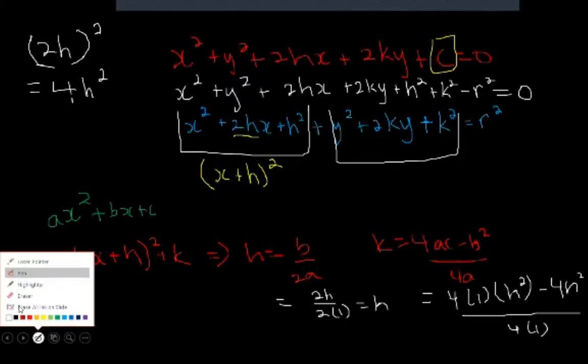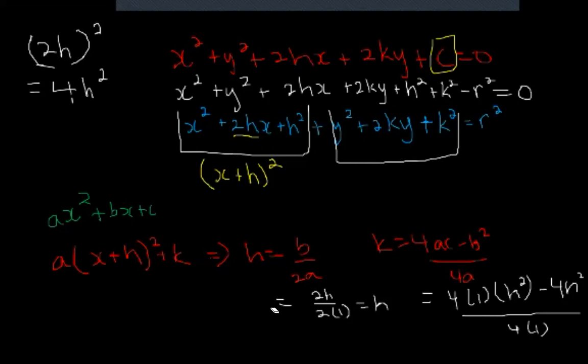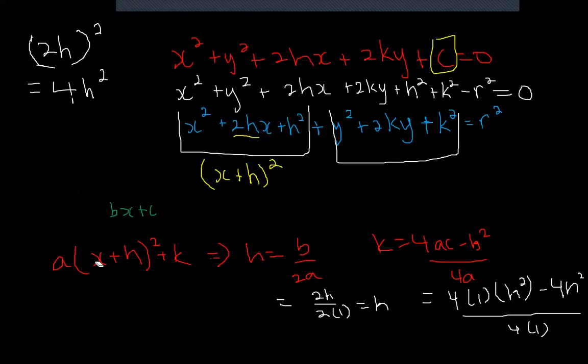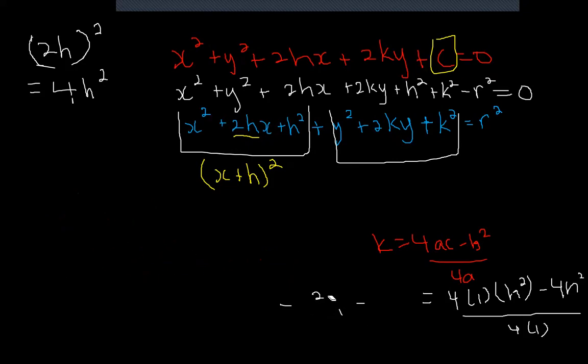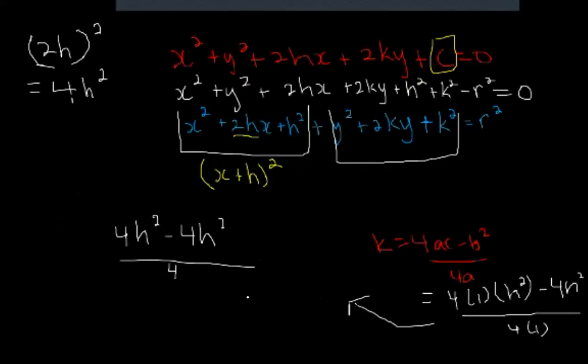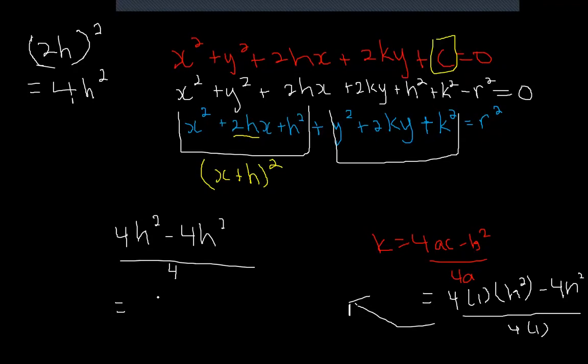So I'm just going to erase for some space now. Continuing this. 4 times 1 is 4, times h squared is 4h squared, minus 4h squared, all over 4. 4h squared minus 4h squared is 0 divided by 4.